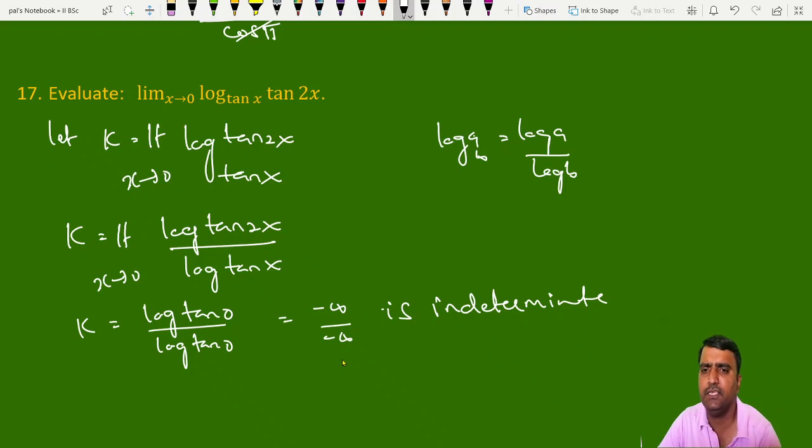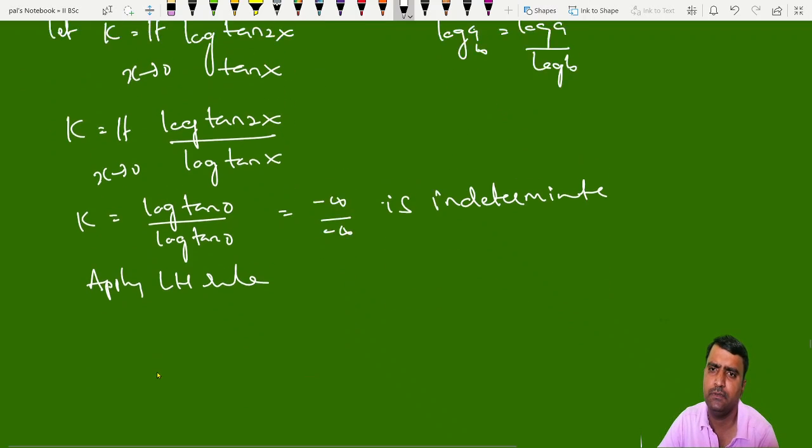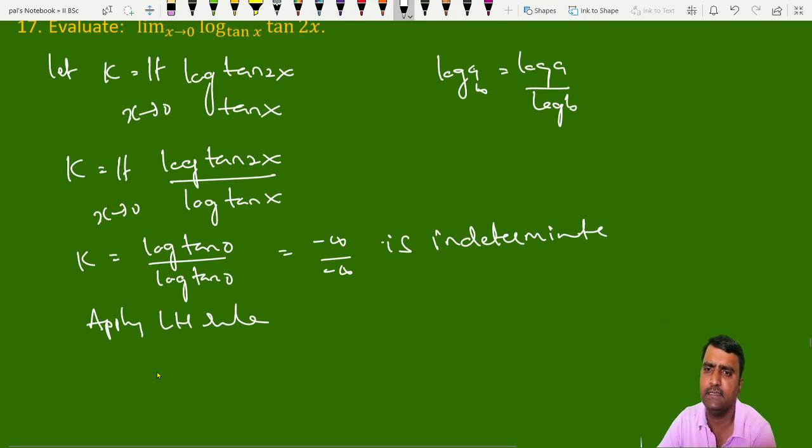Now you apply L'Hospital rule to this. If you apply L'Hospital rule, then k can be written as k is equal to limit x extends to 0. Differentiation of log tan 2x is 1 by tan 2x.